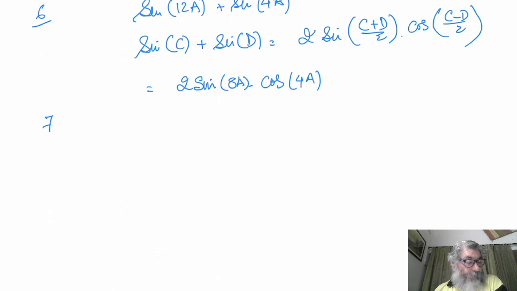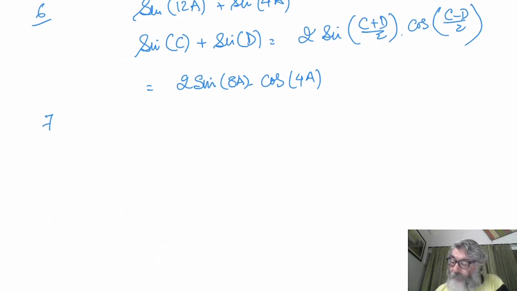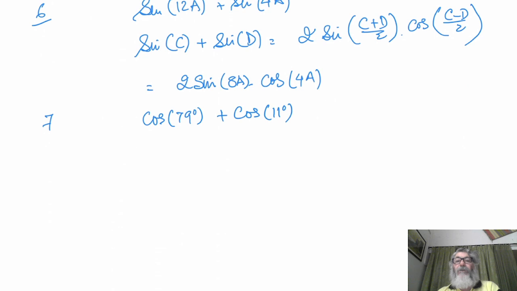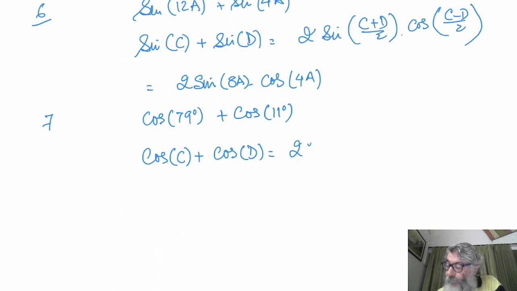Like, it is cos 79 degree plus cos 11 degree. Cos C plus cos D is equal to 2 cos (C plus D upon 2) and cos (C minus D upon 2).